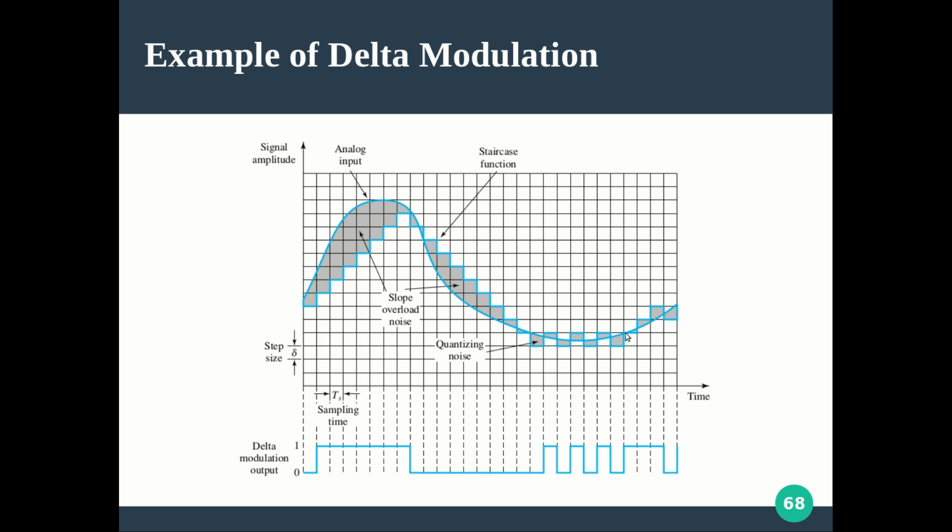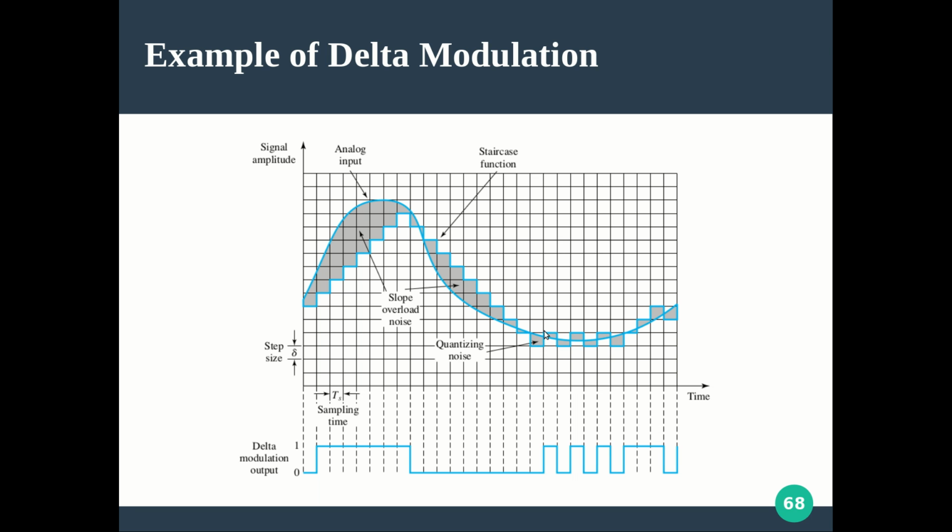Quantizing noise is some kind of alternation: when you are moving up, the signal is going down, like that, right? So to decrease the quantizing noise, what do you have to do? You have to decrease the step size. With the step size this much, when the signal is going down, you are just moving ahead of the signal.